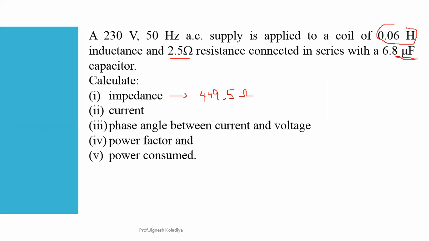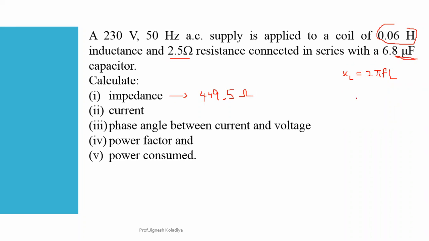And we know the equation XL is 2 pi FL. So you have to put down the value over here. If frequency is mentioned, then there is no problem, but if it is not mentioned, you have to take it by default 50 hertz.